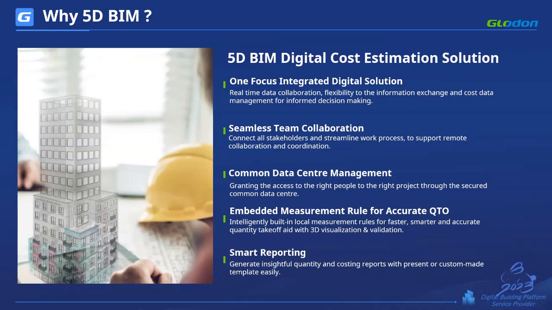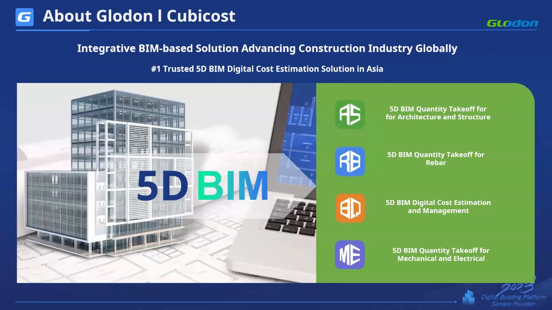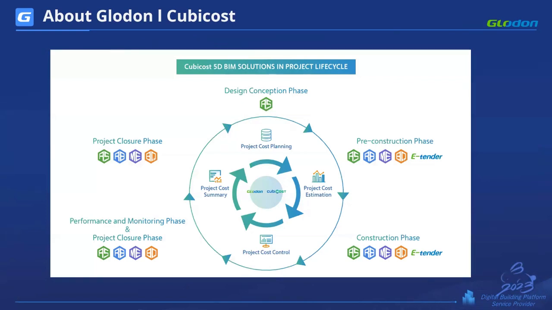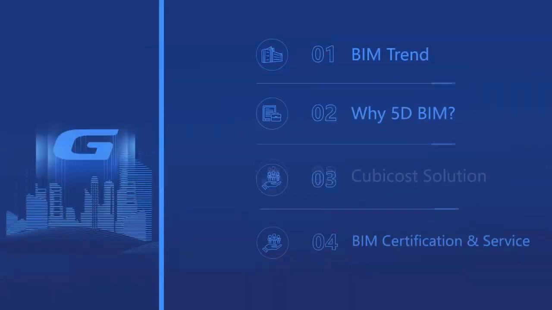Okay, then you can have smart reporting as well. This CubiCost 5D BIM software is comprised of four individual software, as I mentioned earlier. TAS for structural and architecture, TRB for rebar, TBQ is our cost estimation solution, TME is MEP solution. Okay, so you can use this software in the total life cycle of the construction project.